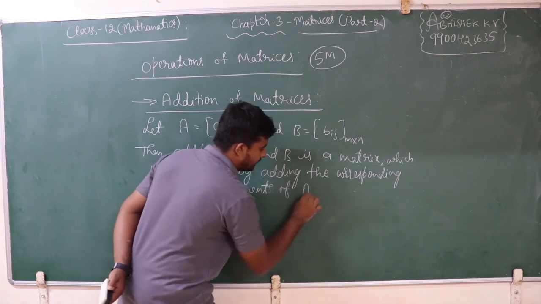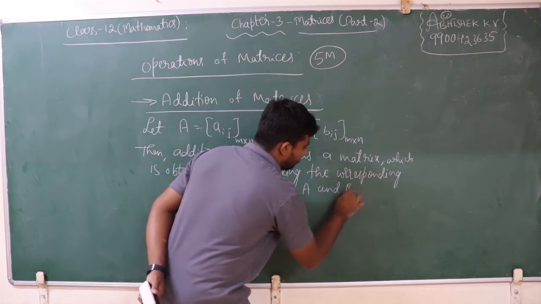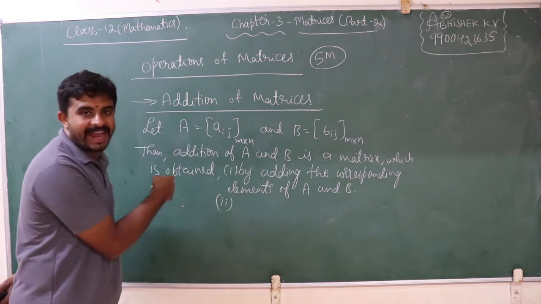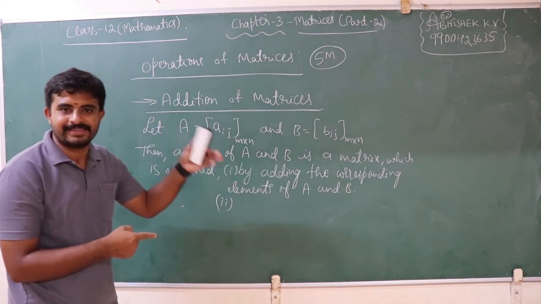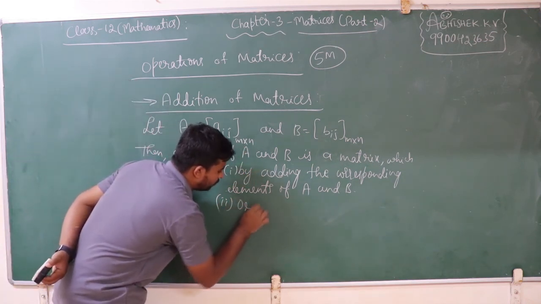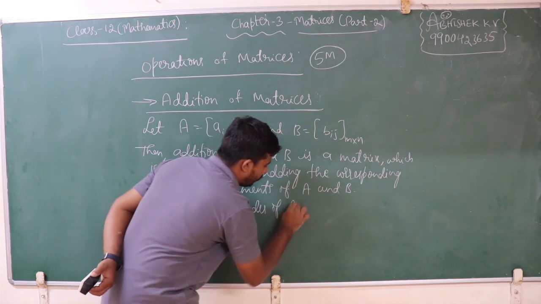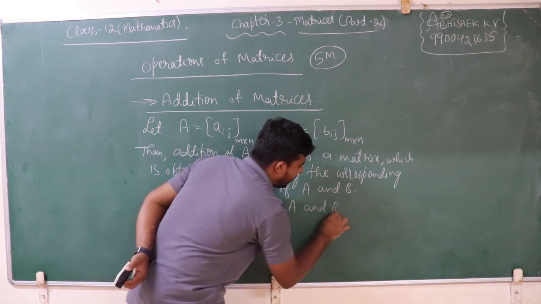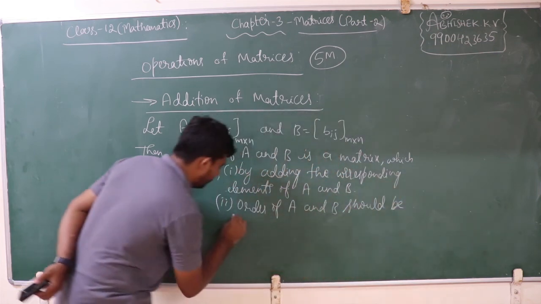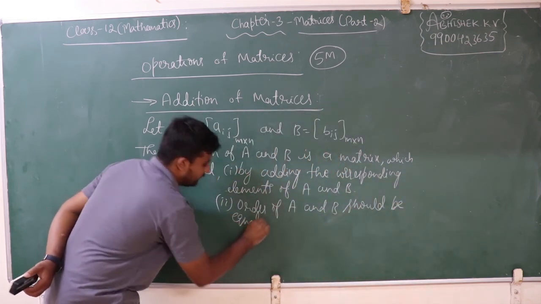of two matrices A and B, and this can be done, that is, the sum of two matrices will be done only if the order of A and B is equal.